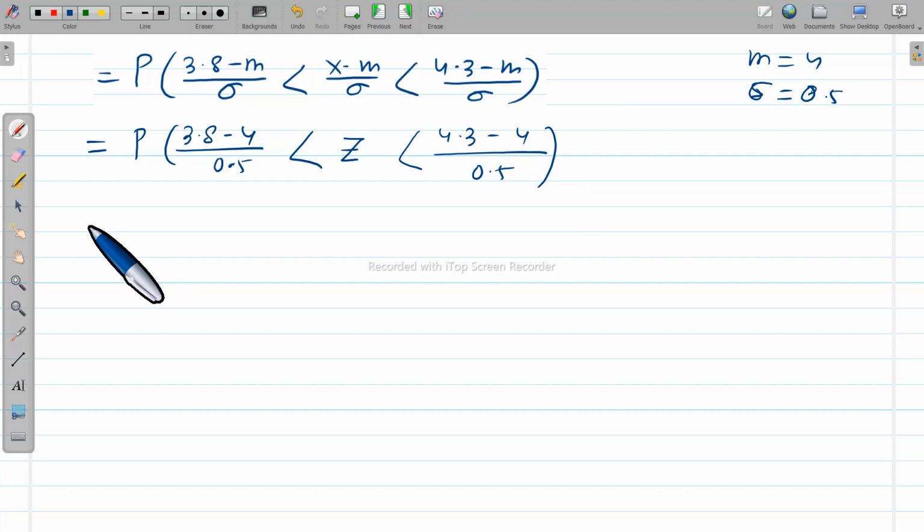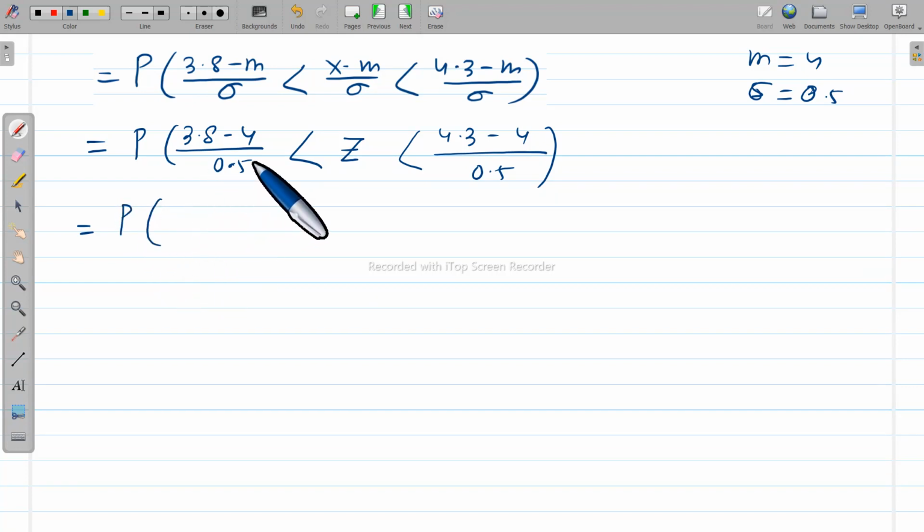Anyone, please write in comment what will be the value if I simplify. Please try to solve. Now I'm giving the time. Use your calculator and tell me the value.